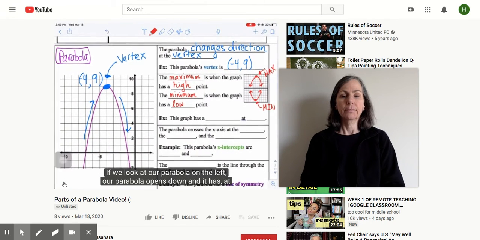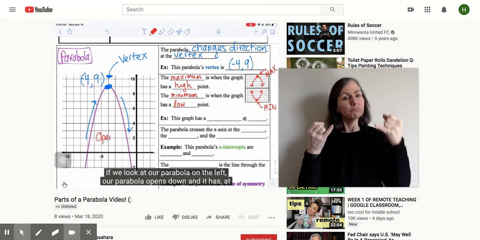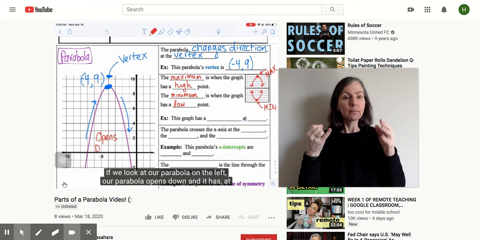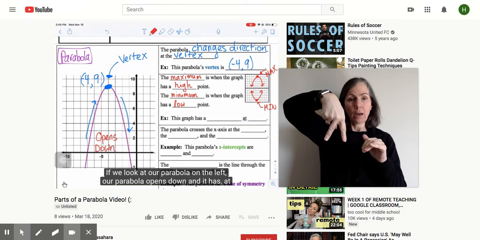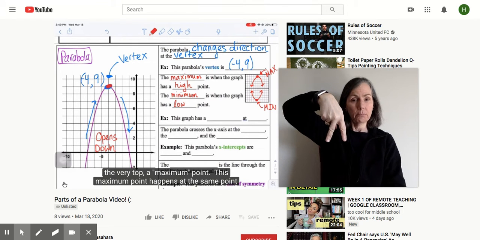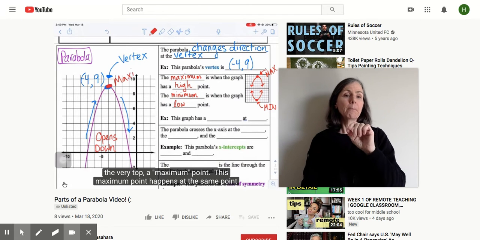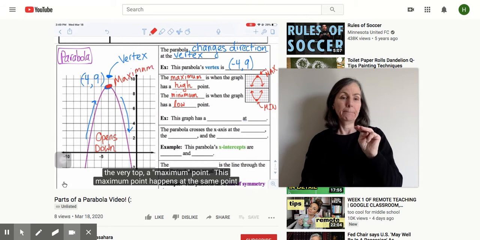If we look at our parabola on the left, our parabola opens down, and it has at the very top a maximum point.